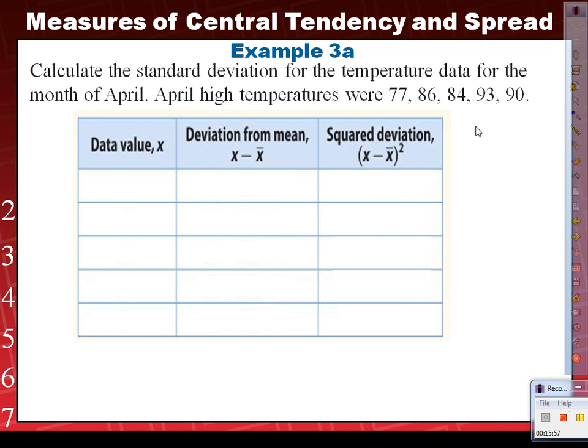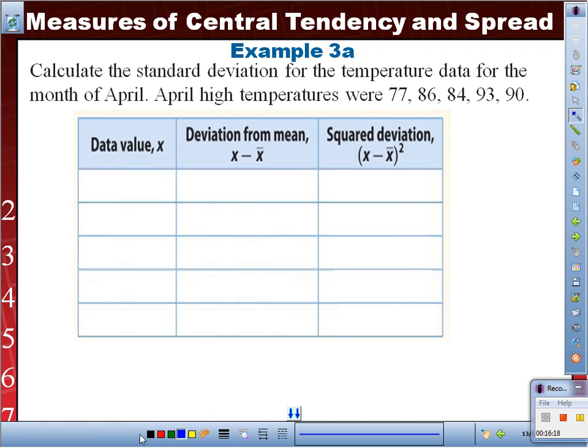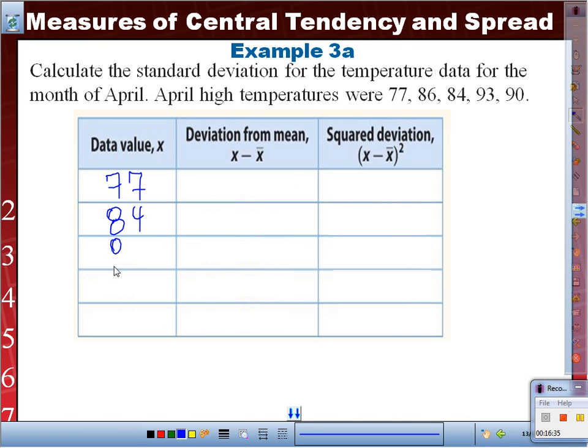So what is the first thing we do with that data, Monse? Least to greatest. So here on the column of the letter x, which means the value, we're going to organize this one here. So which one goes first? 77, then 84, then 86, then 93, and then 90.